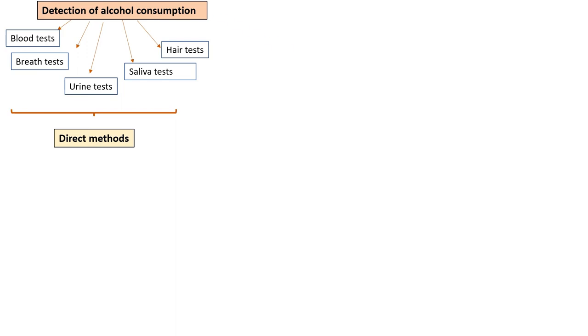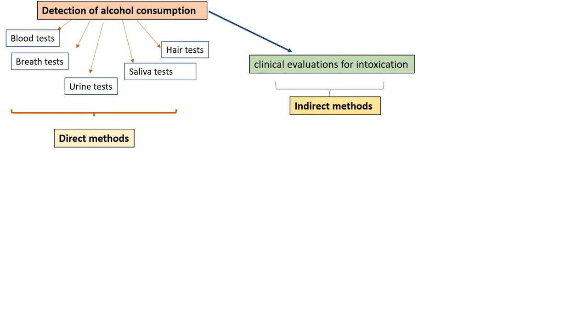Whereas clinical evaluation for intoxication by a medical officer or a judicial medical officer can be considered an indirect method, because it is not going to measure any value. Instead, it is going to assess certain functions of the person.